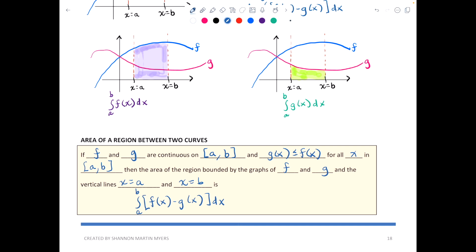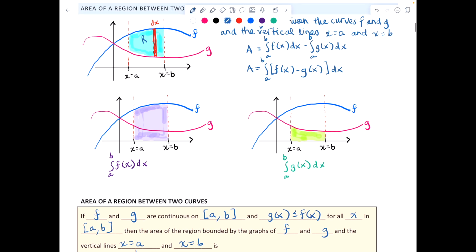So when you're looking at area and your rectangle is pictured as above, where you're making infinitely many subintervals on your x-axis, right? You look at topmost minus bottommost. And sometimes that changes when we get into intersecting curves.